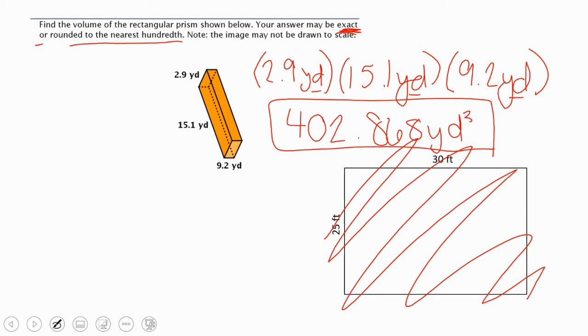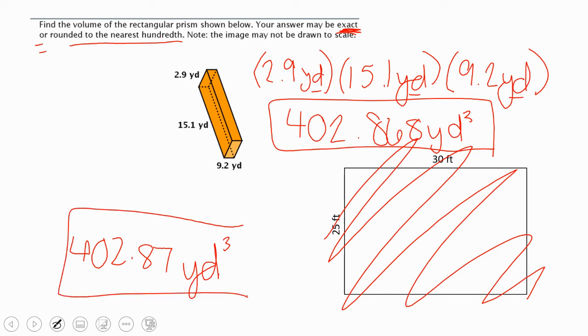It also says you could round it to the nearest hundredth. If you wanted to round it, you would do 402.87 yards cubed. Again, you don't have to round it. You can certainly leave your answer exact, and that is fine.